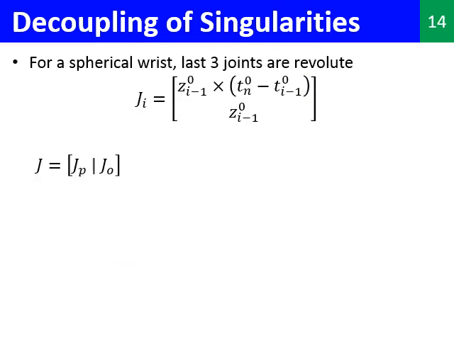For a spherical wrist we have the last 3 joints as revolute joints, so the ith column of the Jacobian would have this expression.